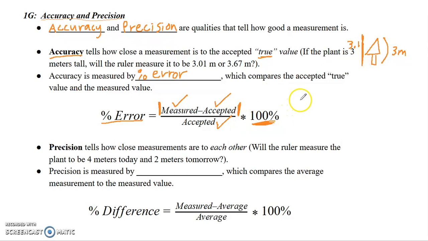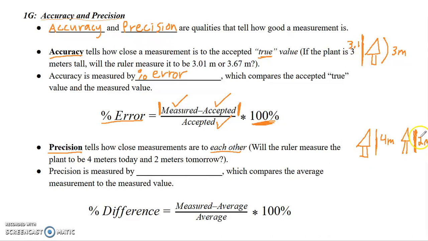So that is accuracy. The second thing we're going to look at is precision. Precision tells how close measurements are to each other. So for example, if you had that same plant, tree, and you measured it one day and you said it was 4 meters, and then you measured it the next day and you said it was 2 meters, right?